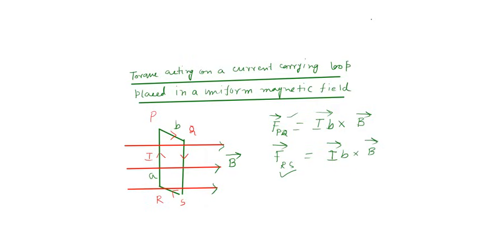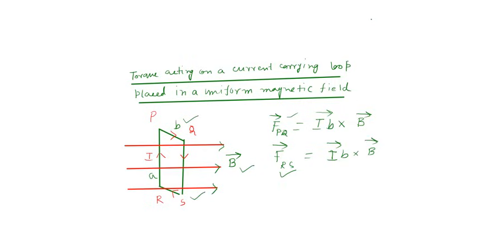I b cross B means these two forces must always be perpendicular to B, the small b length, as well as the magnetic field B. So this direction is fixed. Similarly for RS it is fixed and they will always act like this.